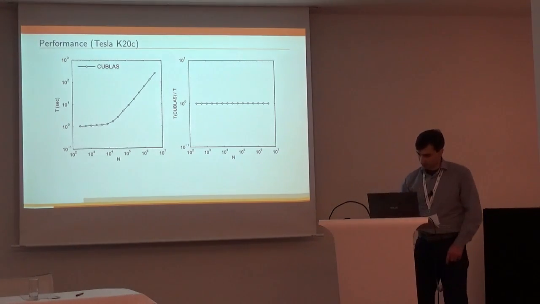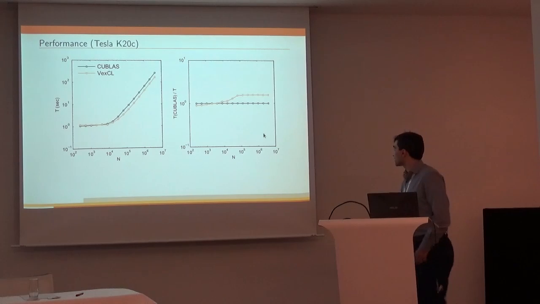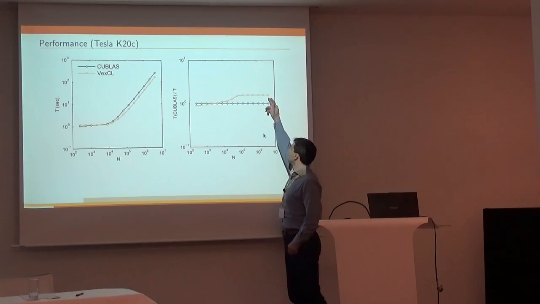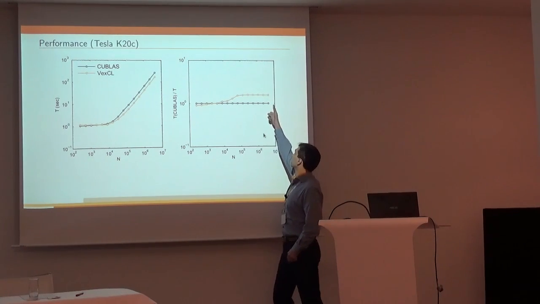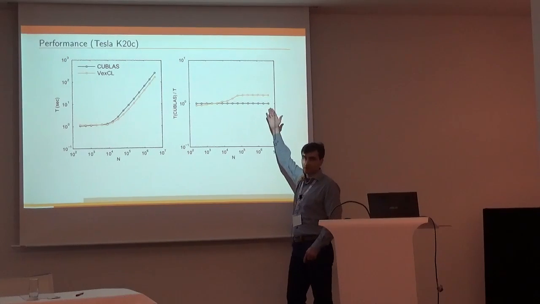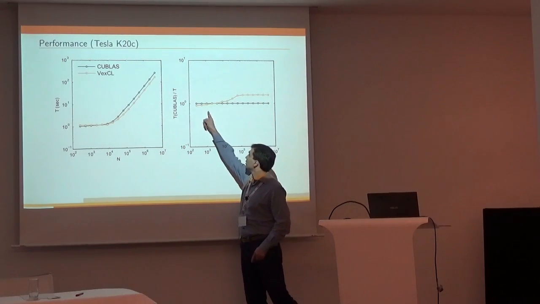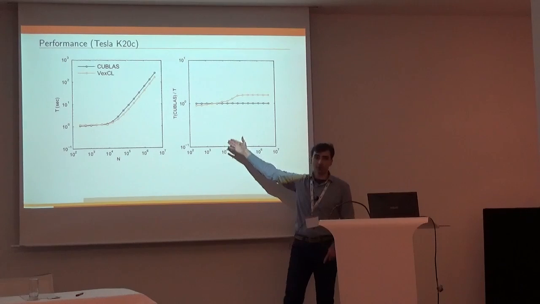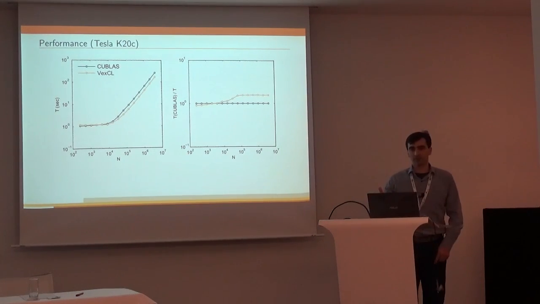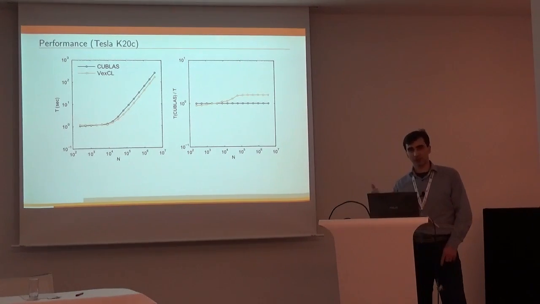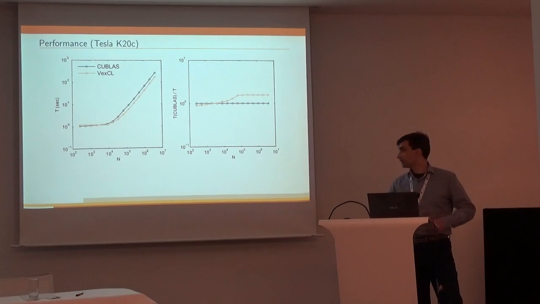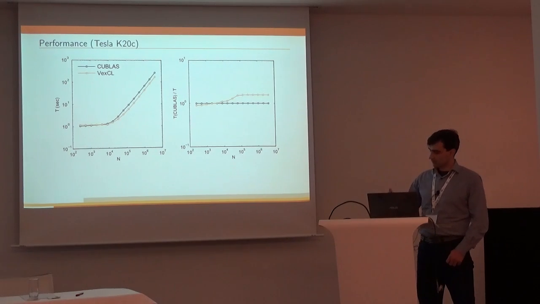Okay, so this is cuBLAS, this is VexCL, and it's about 1.5 times faster here for really large problems, but for smaller problems, it gets slower than cuBLAS because of this overhead I was talking about in the beginning, because OpenCL has to compile its kernels at runtime, and it takes some time. So it's not as effective for small problems as CUDA, okay?